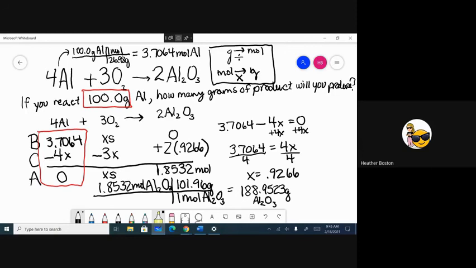So it has a non-zero digit that is significant, and then it has 3 trailing zeros. So you ask yourself, is there a decimal? Yes, there is. So that's 4 significant figures. So I'm going to round this up, which makes it 189.0 grams of aluminum oxide would be my reported answer.